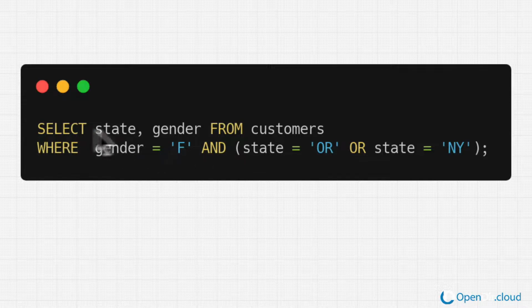If we said select state and gender from customers, where the gender is female and parentheses, state is equal to Oregon or state is equal to New York, we can now say, okay, well, SQL is going to apply the parentheses first. So it's going to filter this first. It's going to check, are you from Oregon or are you from New York? And then it's going to do the and it's going to check if you are female. So because of the parentheses, the chain ends up being different.